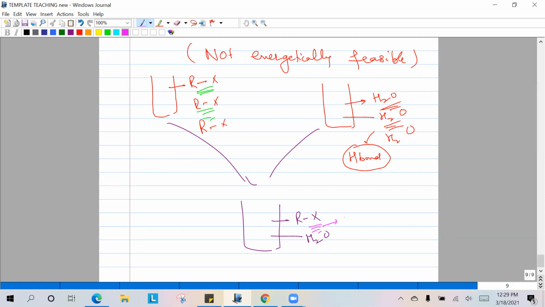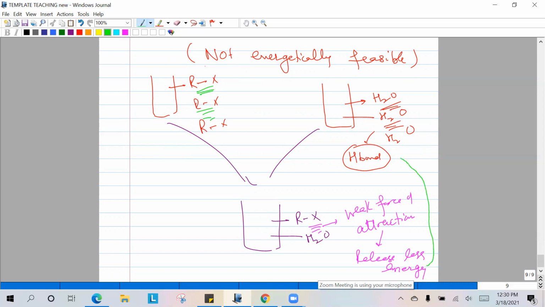Now, what we are saying is that this interaction is a weak force of attraction. If it is a weak force of attraction, it releases less energy. If it is releasing less energy, then it is not enough to break this bond, because this interaction is strong.